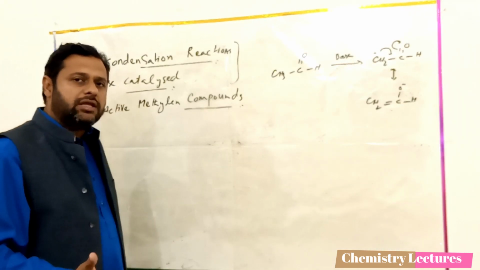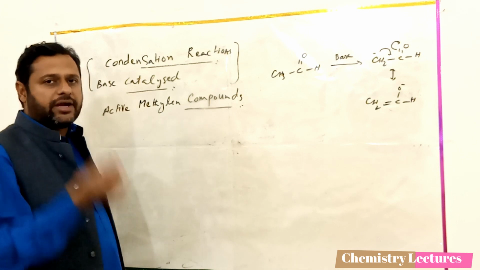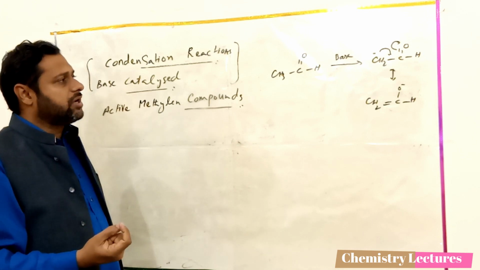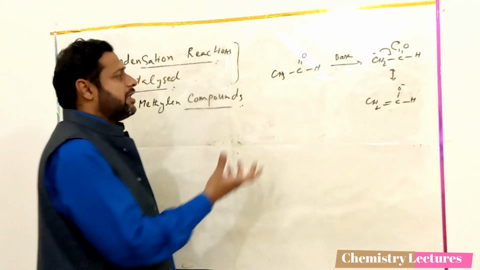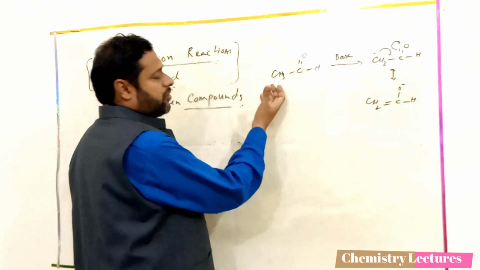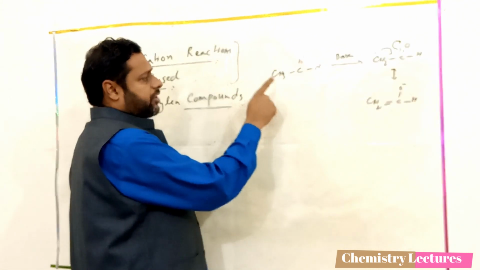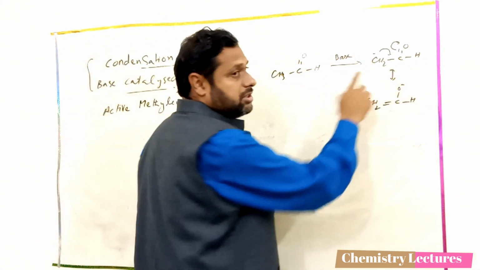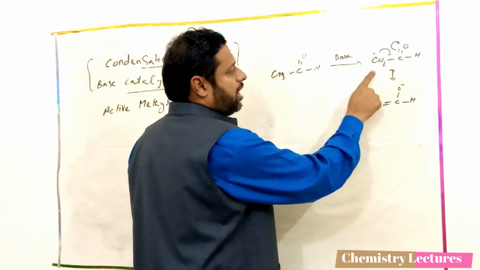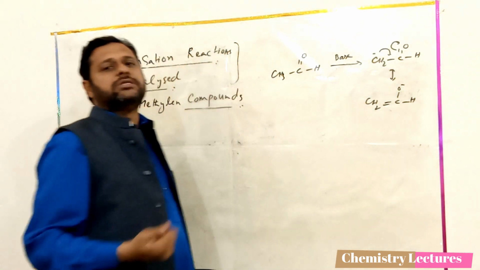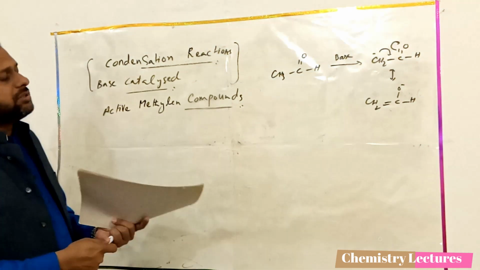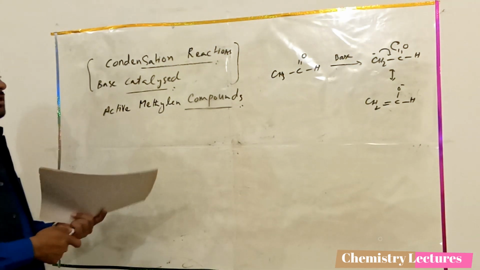All those methylene carbons which are attached to any one electron withdrawing group are called active methylene compounds because they are very active, and any base can remove a proton from these methylenes, because after removing the proton a carbanion is formed and that carbanion is resonance stabilized. So it is very easy to remove a proton from these methylene compounds. This is the reason these are called active methylene compounds.